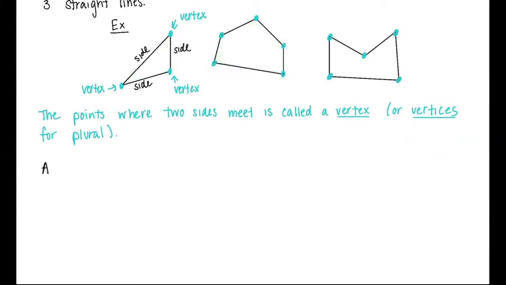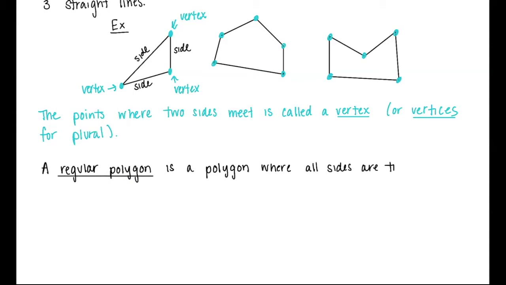A regular polygon is still a polygon where all sides are the same length and all interior angles have the same measure.